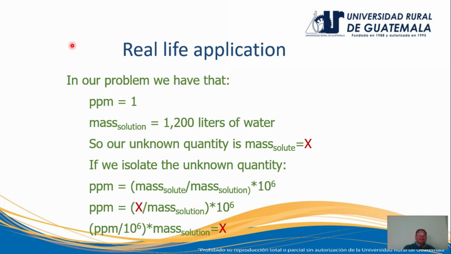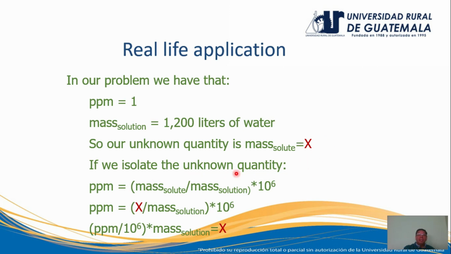This is a real-life application. So in our problem, we have that the ppm is equal to 1. Mass solution is equal to 1,200 liters of water. So our unknown quantity is mass solute, which we will call x1 to identify it.